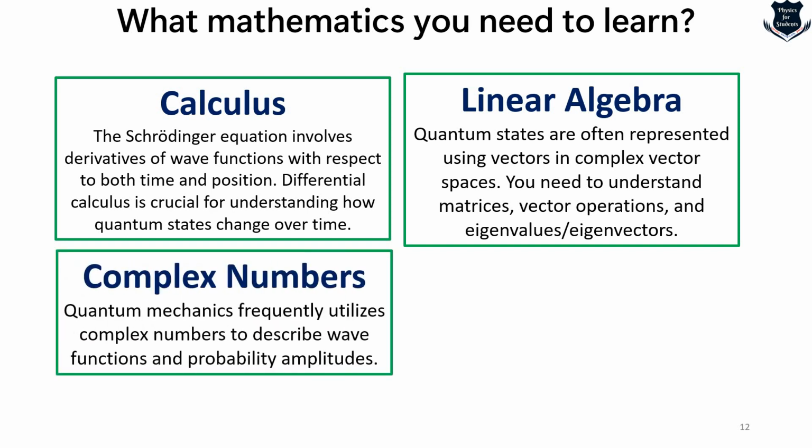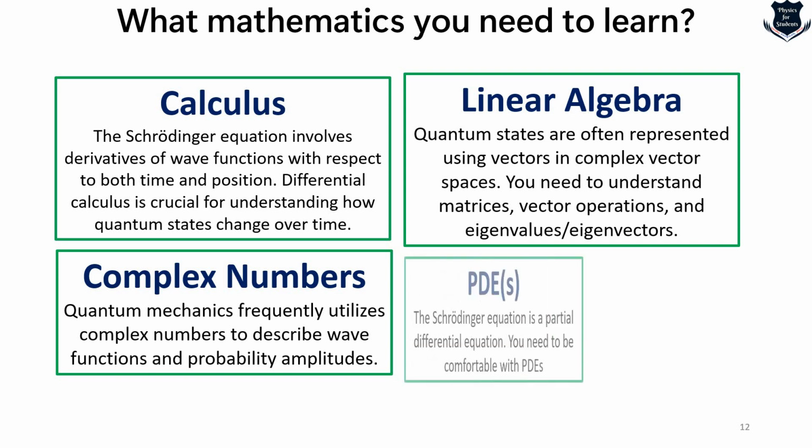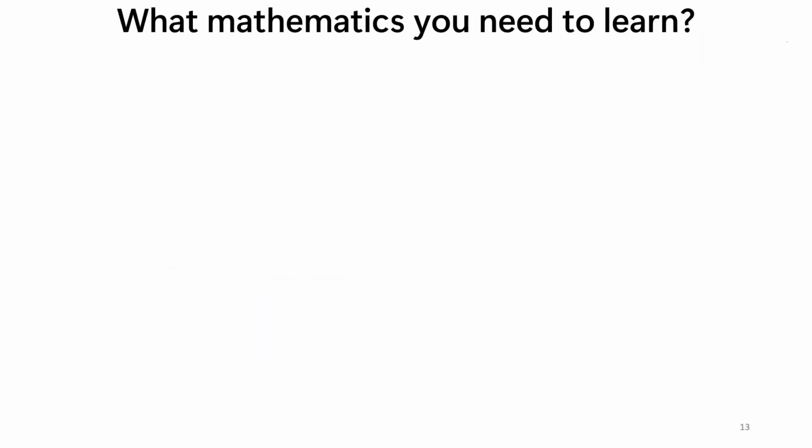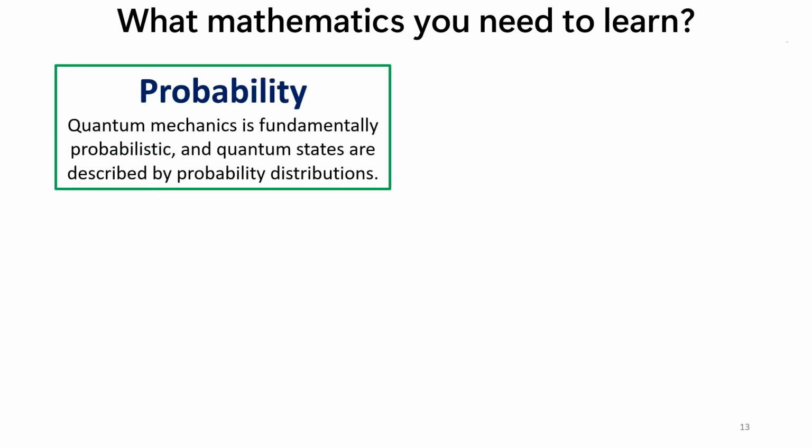Next, complex numbers, because quantum mechanics, as we have seen, frequently employs complex numbers, so you should have a strong understanding of complex numbers. Obviously, partial differential equations: you need a strong understanding of PDEs to work with those equations. The next thing would be probability. Obviously, the entire quantum mechanics revolves around probability.